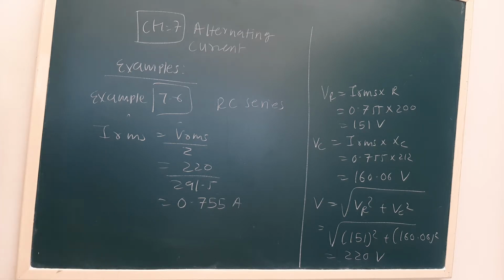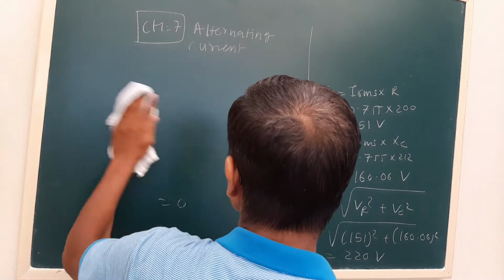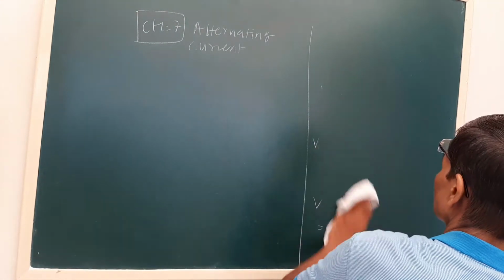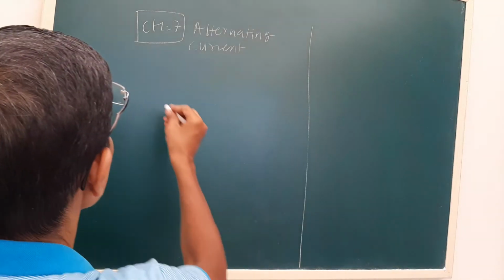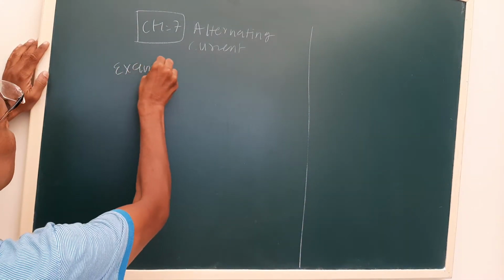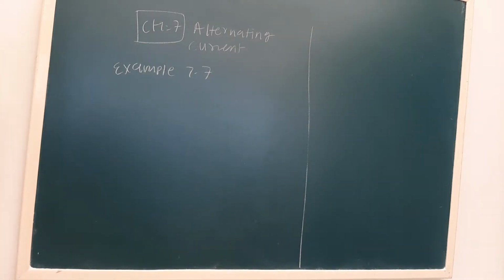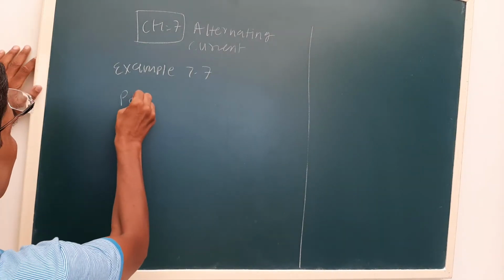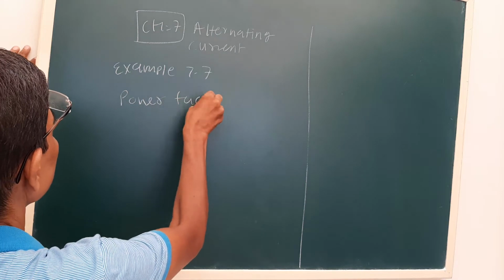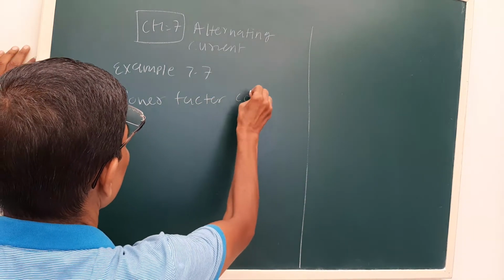Okay. Now see, next is example 7.7. Here we have to talk about power factor correction.